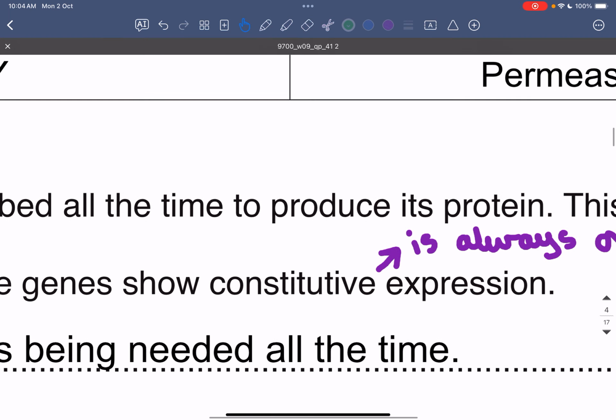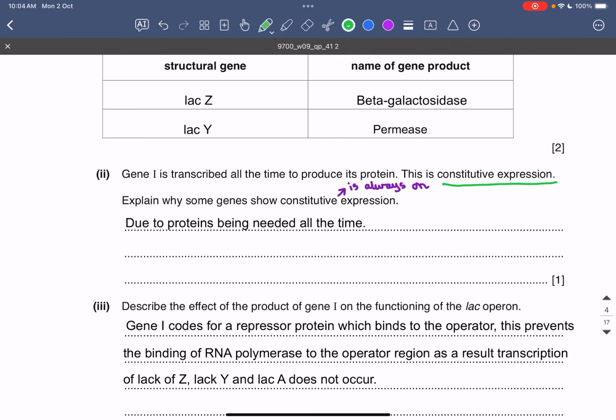For example, the genes which are involved in energy production from glucose always need to be expressed constitutively, because we are living cells, and living cells, as long as they are alive, will always require energy. So the answer to why some genes show constitutive expression is that proteins are always being needed all the time.